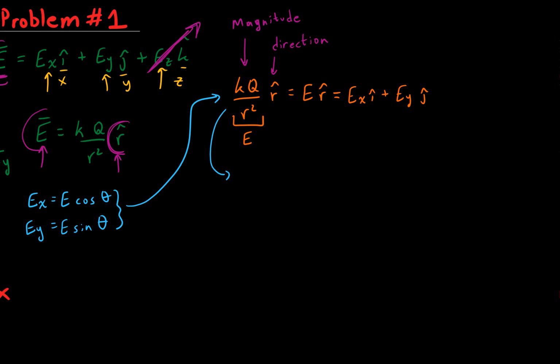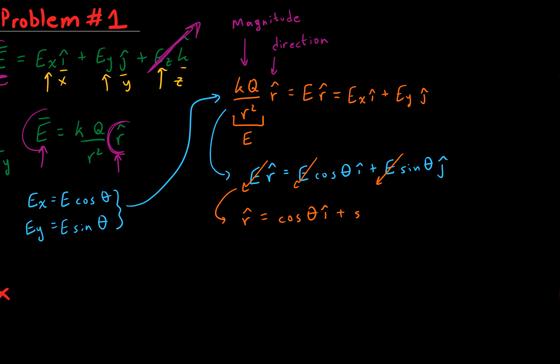Well, we see that E r hat is equal to E cosine theta i hat plus E sine theta j hat. Now we see that the magnitude of the electric field, which is E, is common in all of these terms, so they're all going to cancel each other out. Now we see something interesting. We see r hat is equal to cosine theta i hat plus sine theta j hat.